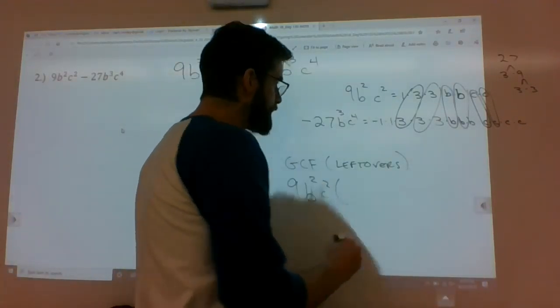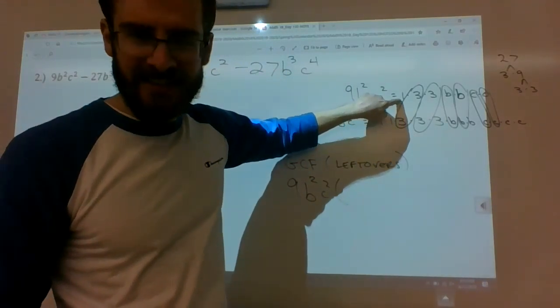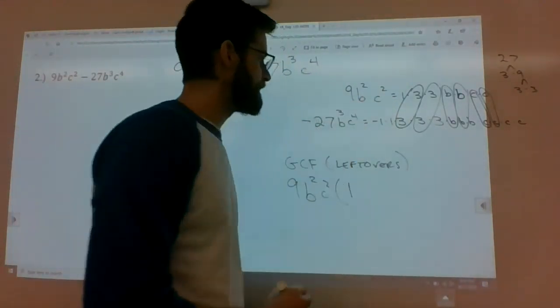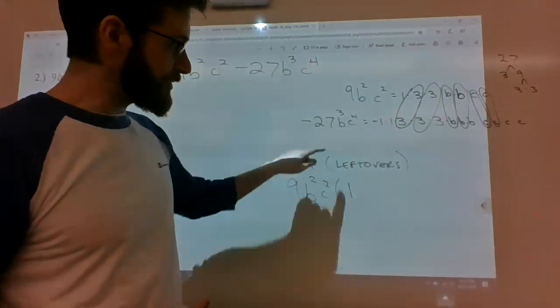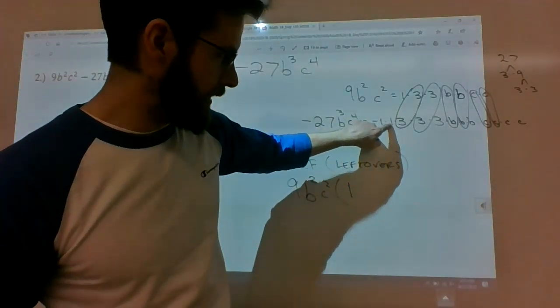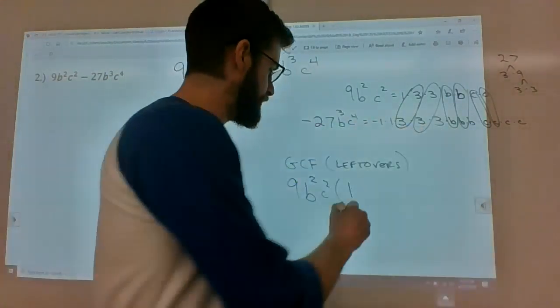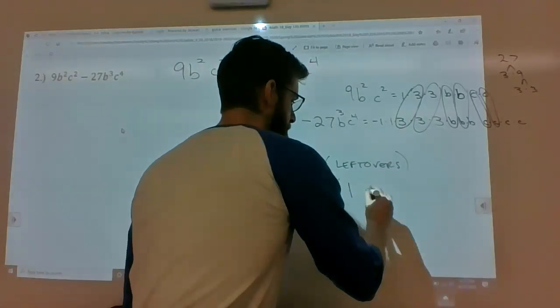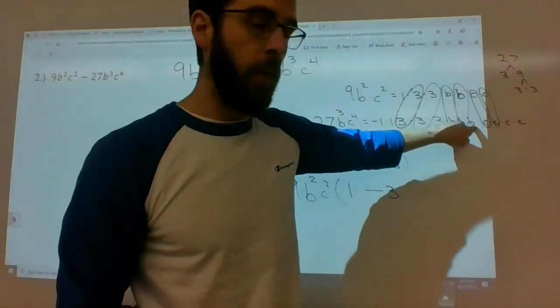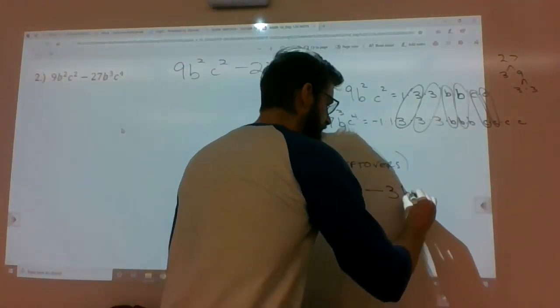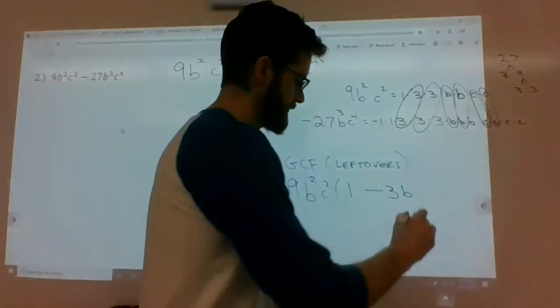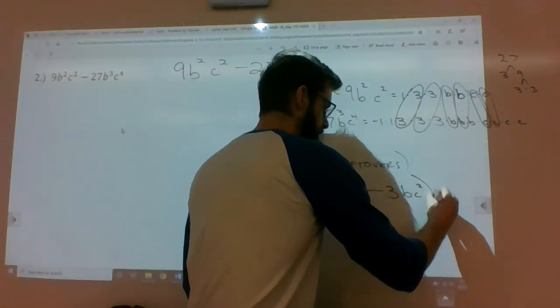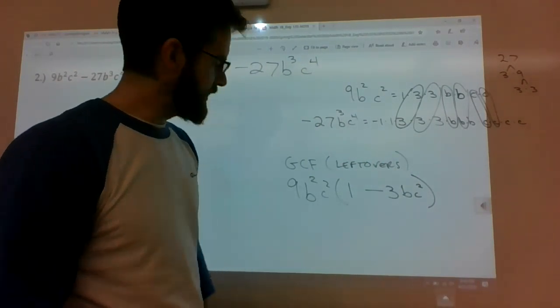So the leftovers for the 9b squared c squared, it's still a 1. For our second term, it's negative 1 times 3, so negative 3. And then there's a 1b left over and 2 c's. There it is.